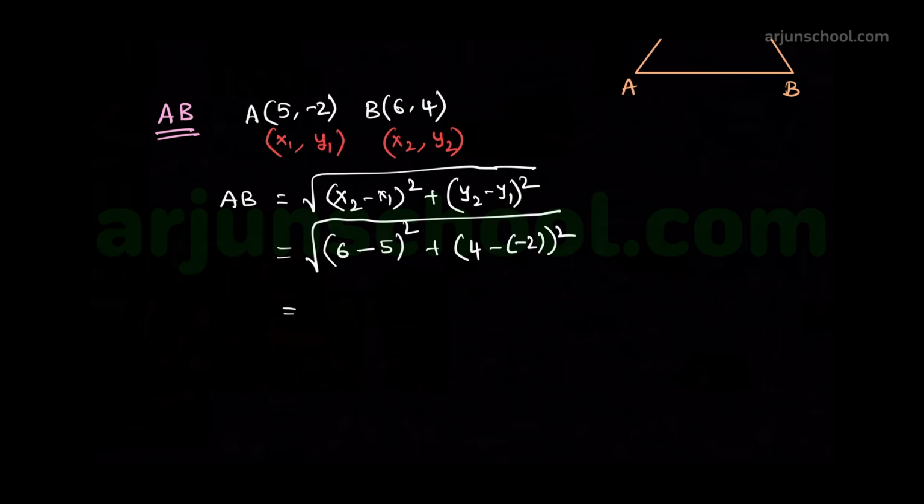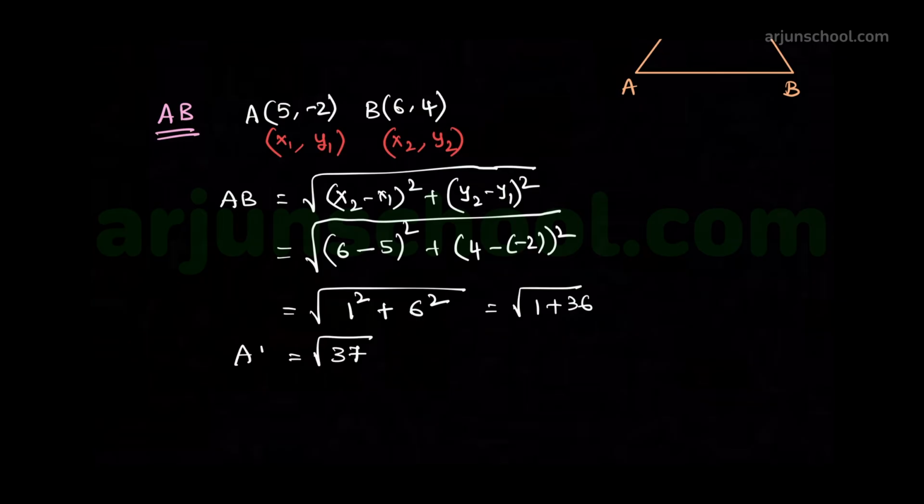That is equal to root over (6 - 5 is 1) square plus (4 - (-2) is 6) square, which is root over 1 square is 1 plus 6 square is 36, that is equal to root over 1 plus 36, which is 37. Therefore, the distance between the vertices A and B is root 37.